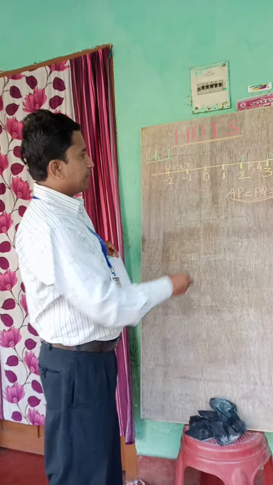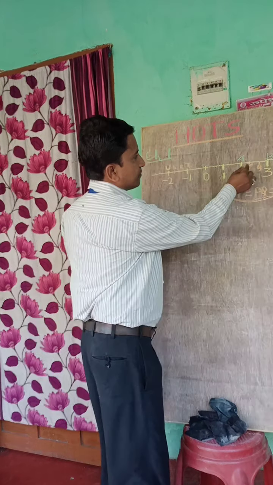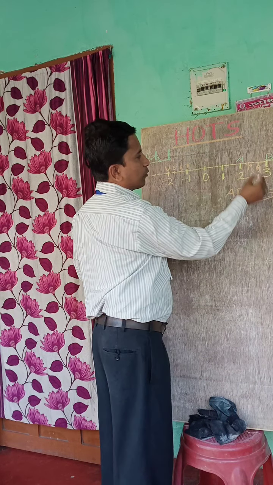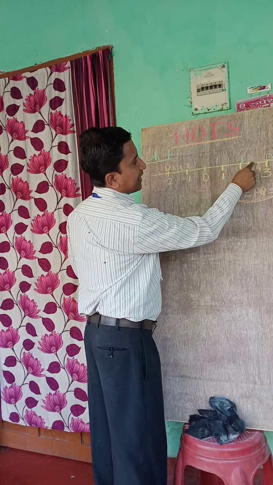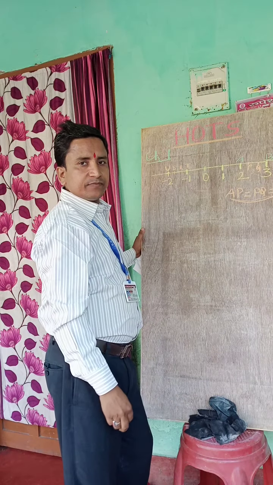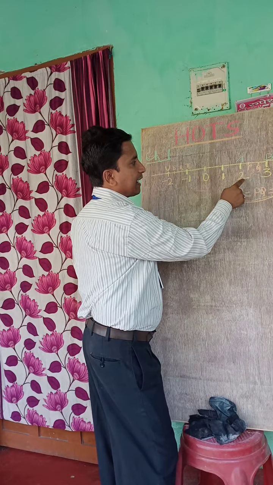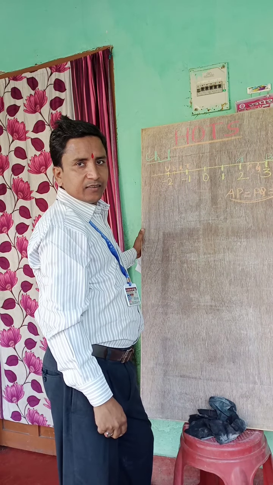Now look carefully. Here you see AP equal to PQ equal to BQ. This means this portion AB is divided into 3 equal parts. The points P and Q lie between 2 and 3.